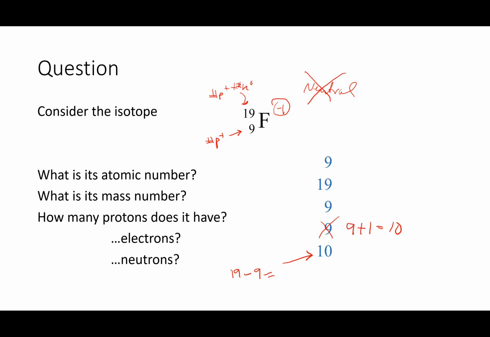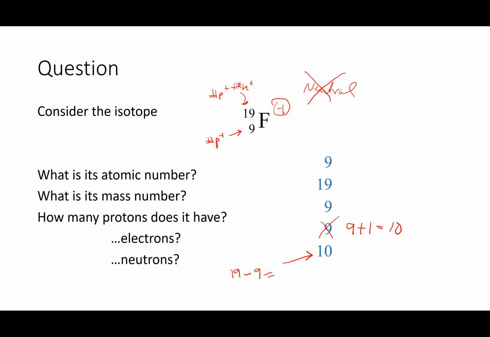Which atom on the periodic table, if it's neutral, has 10 electrons? It is neon. So you see how that works? Fluorine picked up an electron. Now it still has 9 protons in its center, but now it's got 10 electrons, like neon. Okay, so it's still a fluorine something, but now it's got a -1 charge. And actually, the reason nonmetals pick up electrons is so they can be like the rare gas in the period right in front of them.